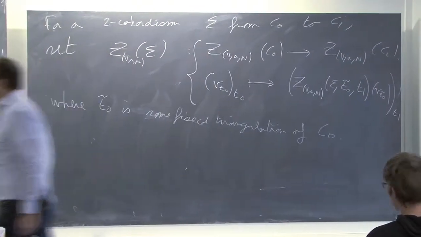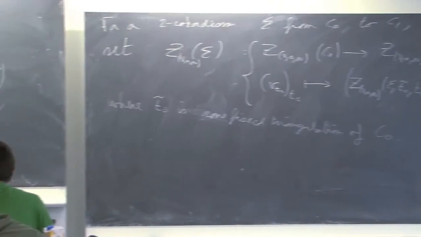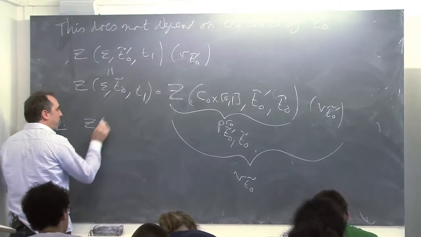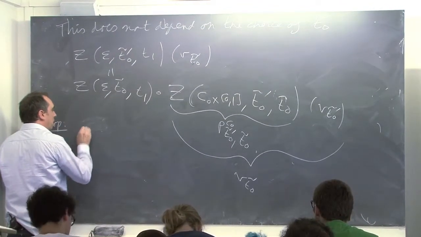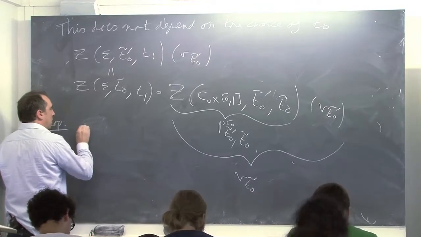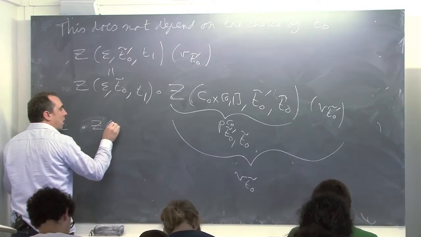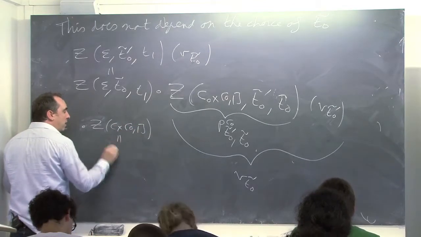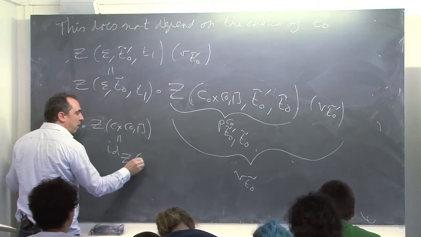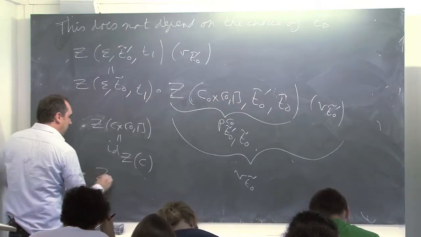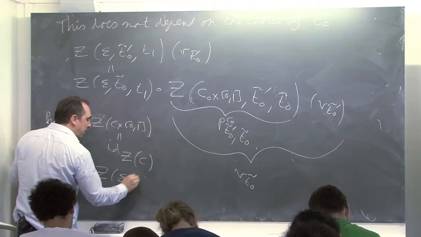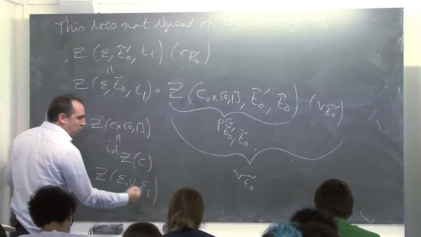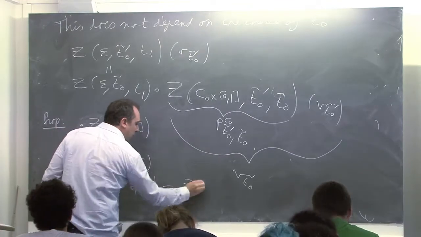And for the next time, you can prove these properties: Z of the cylinder is the identity of Z of C, and if you glue Sigma 0 and Sigma 1 along a component, Z of the glued surface is Z of Sigma 1 composed with Z of Sigma 0.